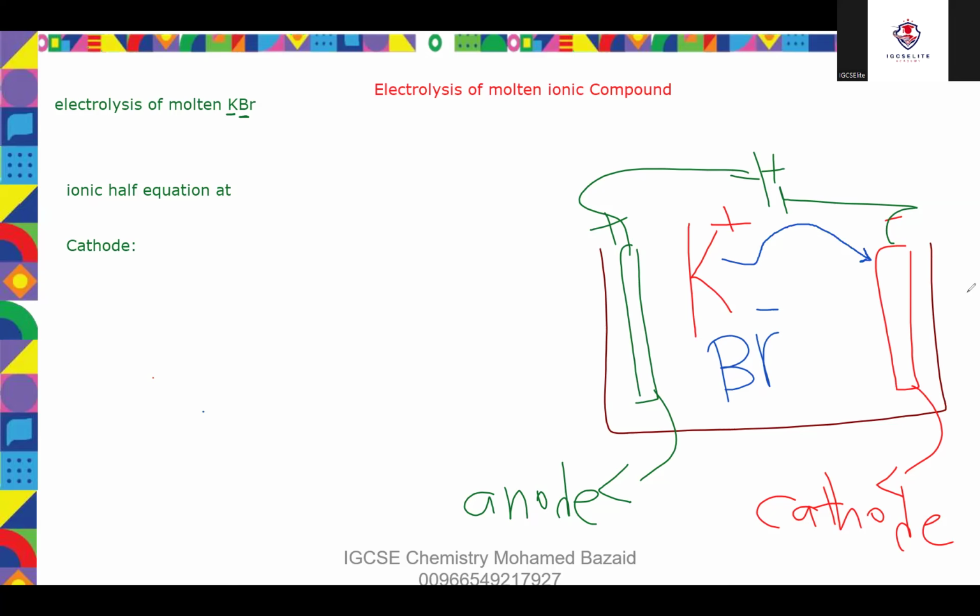At the cathode, I have K positive. It will gain how many electrons? It is only one positive, so it will gain one electron. After that, cancel the electron with the positive charge. Now you have K. This is potassium metal at the cathode.